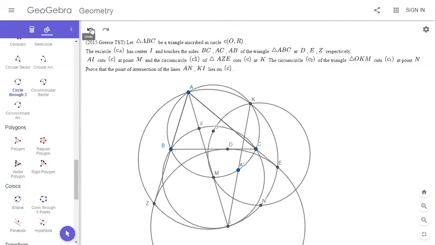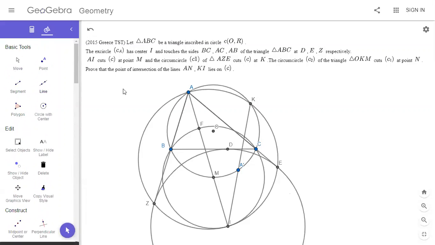Let N prime be AO intersect the circumcircle of AZ, and then show OKMN prime is cyclic. All right, sounds like a good idea. AO. Okay, I'll just try that out for now.